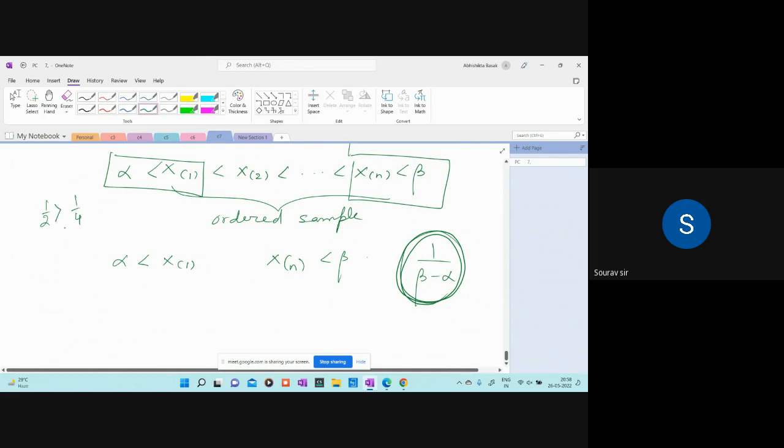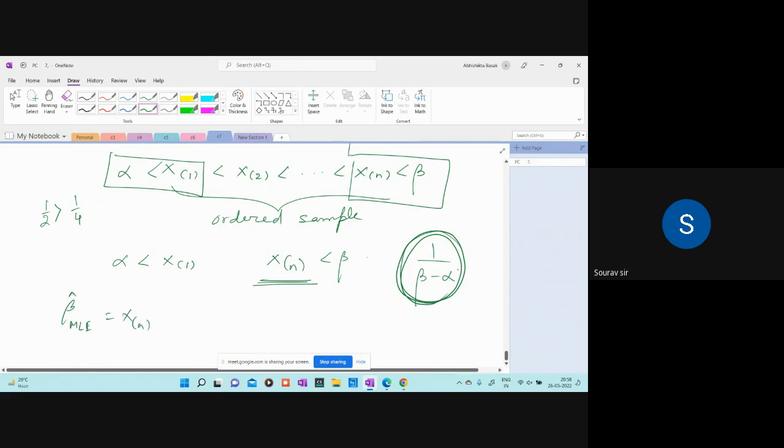This one is bigger. So the minimum value of beta minus alpha is going to increase this function 1 by beta minus alpha. So I need to take something which decreases the value of beta minus alpha. Obviously I will take the minimum value of beta, and that is x order n. So beta hat MLE will be x order n.